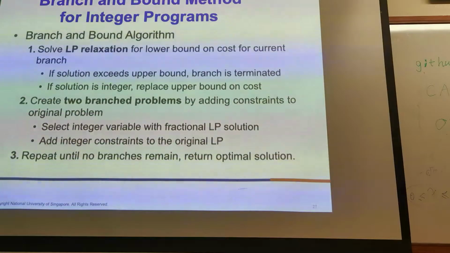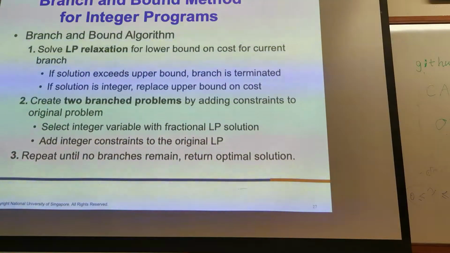So this is the algorithm review. If we say I will do the B and B, its overall algorithm is always first to solve the LP problem, using a relaxation problem to find the lower bound if it's a minimization, minimizing cost for the current branch.